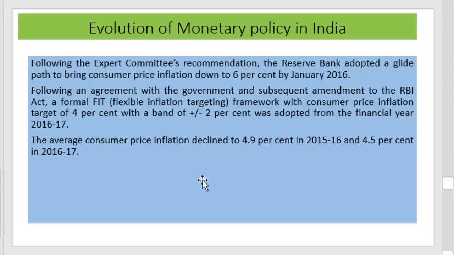That is, we adopted flexible inflation targeting with a band of plus or minus 2 and a target of 4% from the financial year 2016-17. And consumer price inflation declined to 4.9% in 2015-16 and 4.5% in 2016-17.